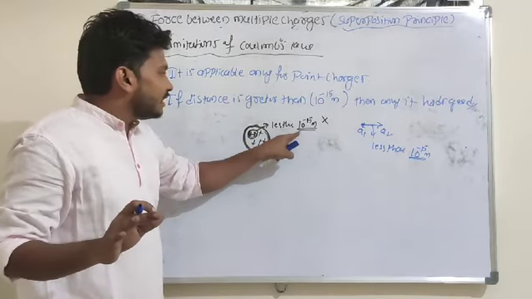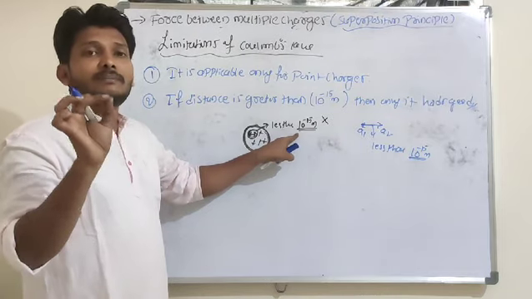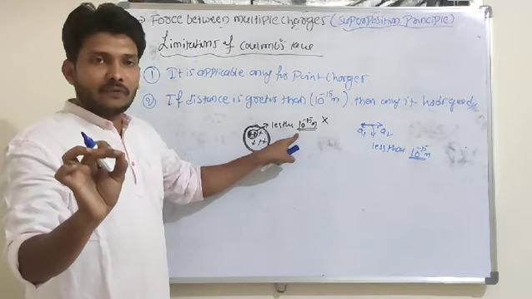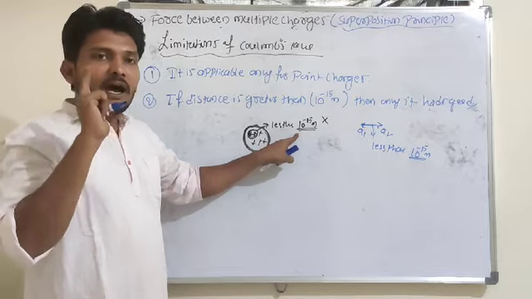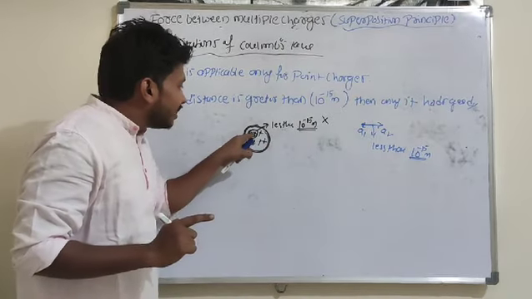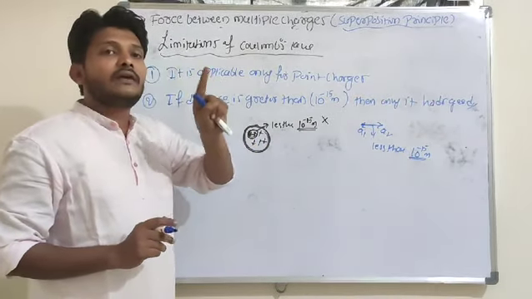There exists a nuclear force between the charged particles. If the distance is less than 10 to the power of minus 15 meter, there exists a nuclear force here. Nuclear force is always an attractive force. So that is why protons and protons will not get repelled here.